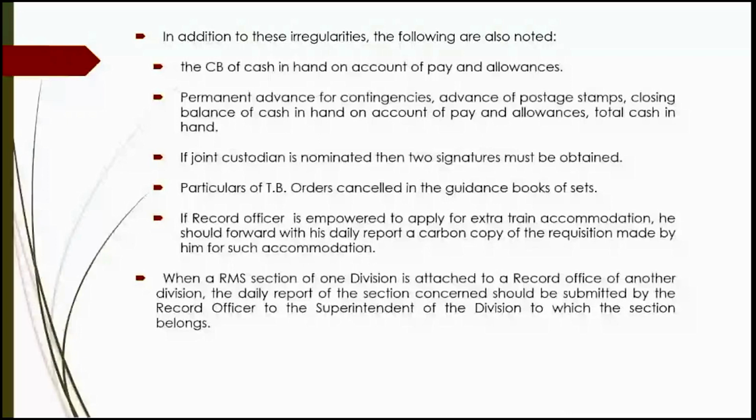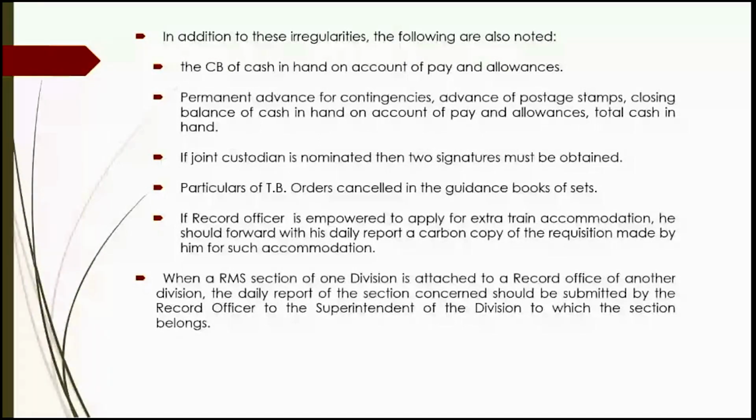So in that case, what will be done? If the record officer is assessing the work of the section, the record officer is going to send the report to the concerned head of the division to which the section actually belongs.